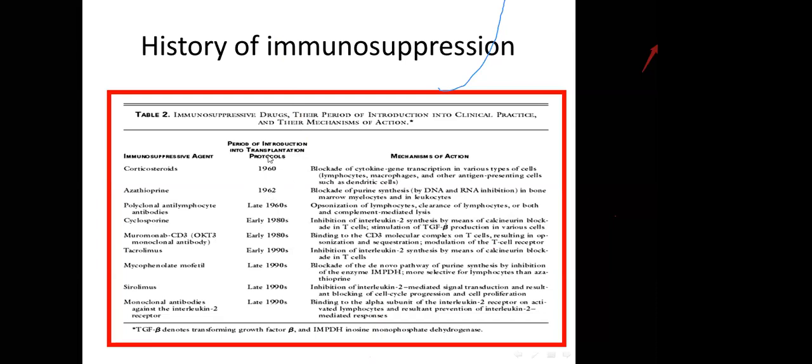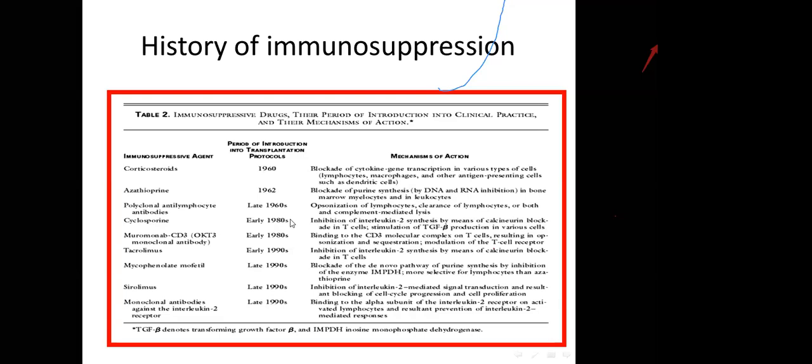If we do 100 grafts, you will lose 75 of them by rejection using these two lines of immunosuppression. And then finally, we have the polyclonal ATG for induction.